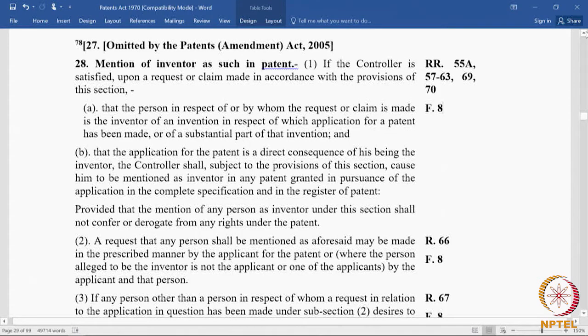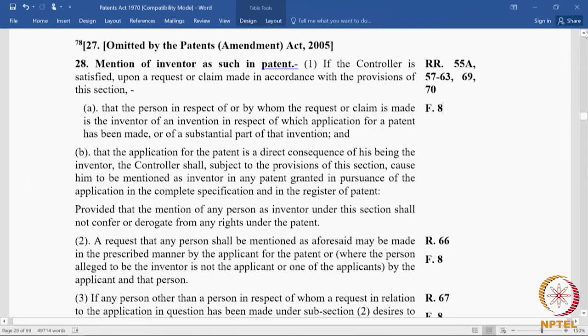28.2. A request that any person shall be mentioned as aforesaid may be made in the prescribed manner. The form for that is form 8. You can see the cross reference there. By the applicant for the patent, or where the person alleged to be the inventor is not the applicant or one of the applicants, by the applicant and that person.